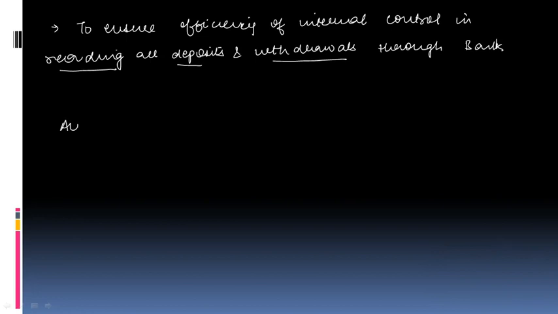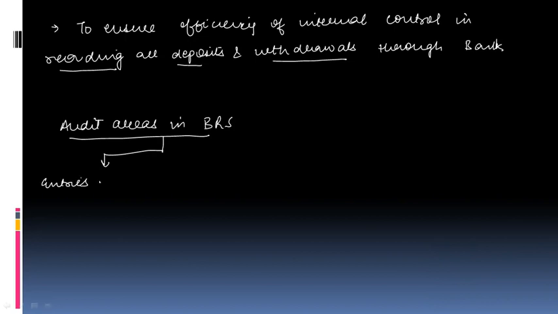And audit areas in BRS. What are the things which are required to be taken care of in BRS? The very first point is entries for omitted items.